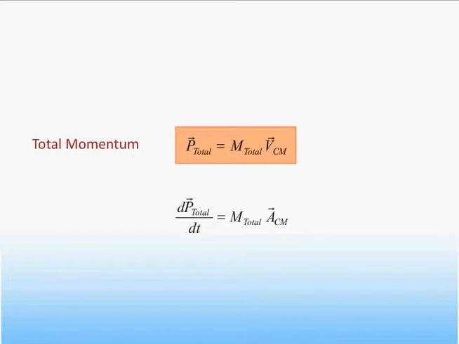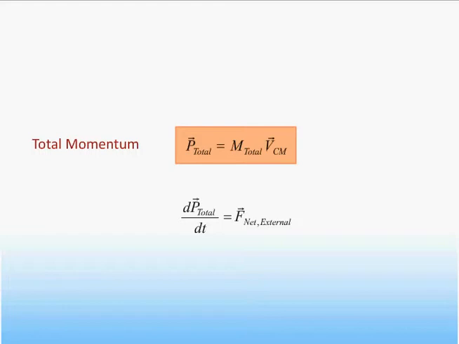Now, we showed last time that the product of the total mass and the acceleration of the center of mass is just equal to the total external force applied to the system. Therefore, we see that the time rate of change of the total momentum of the system is just equal to the total external force applied to the system.